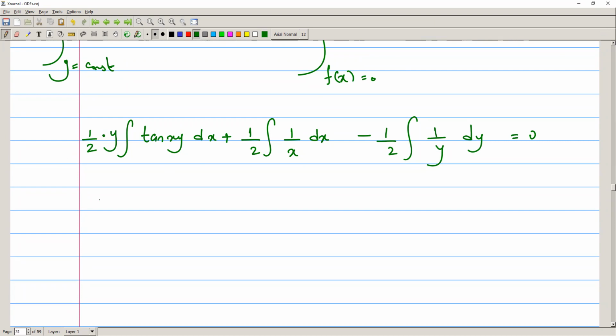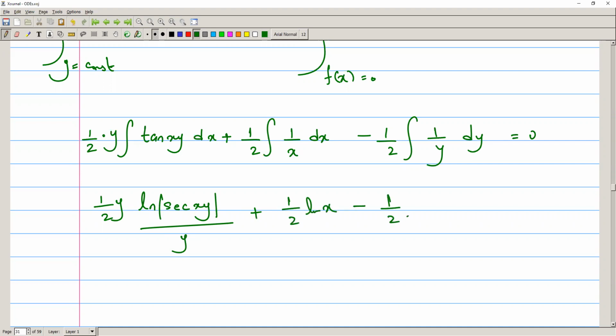So simply we have 1 over 2y times the integral of tangent xy, which will be ln sec xy over y, plus 1 over 2 ln x, minus 1 over 2 ln y is equal to ln c.